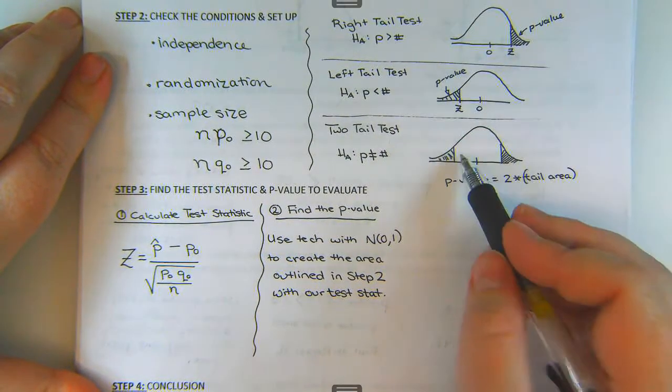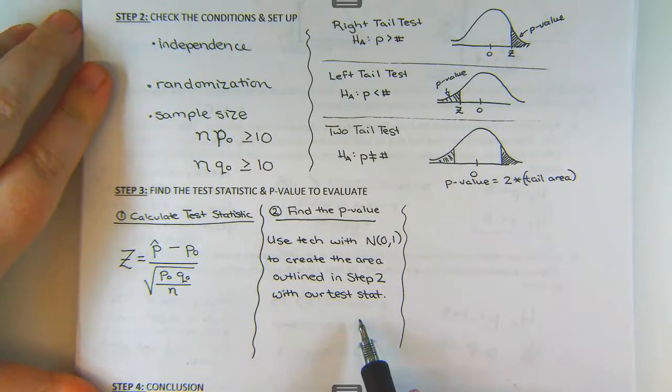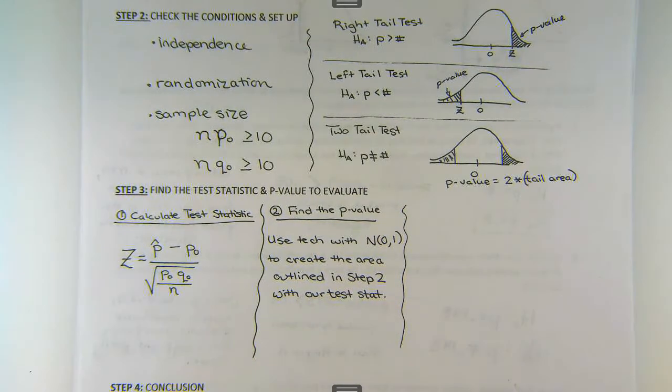Basically, mimic the scenario using our standard normal curve. And this will give us our p-value.